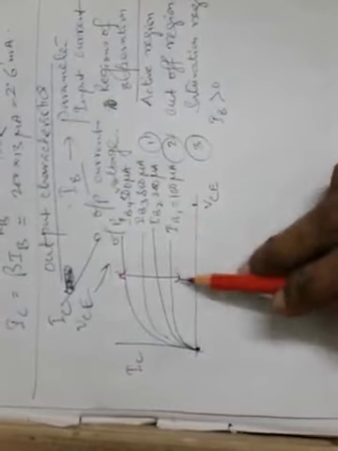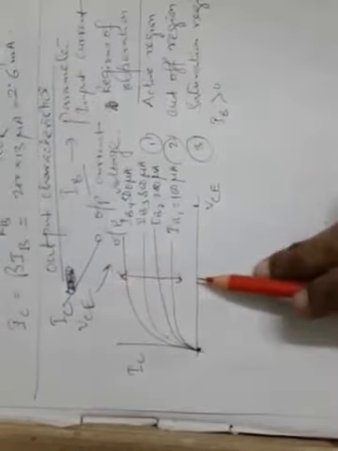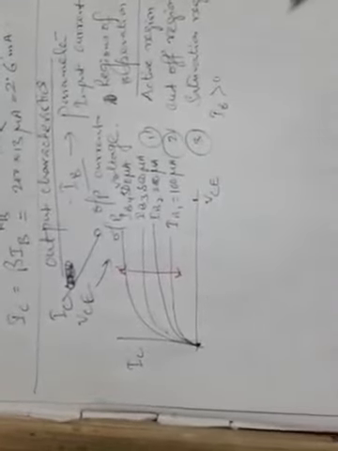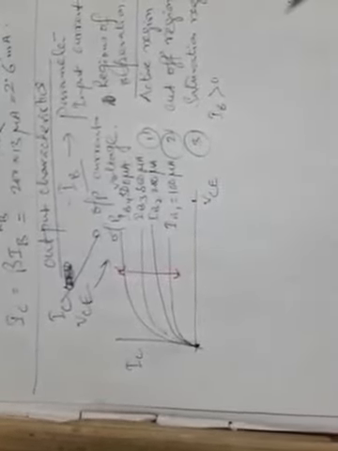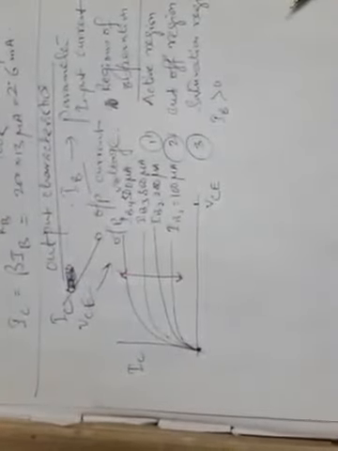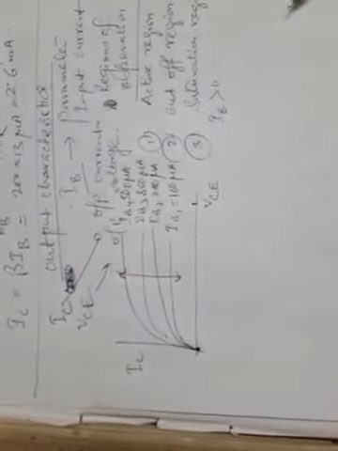The more the base current, the curve will go up. The less the base current, the curve will go down, because IB will control the IC. More IB, more IC, and the curve will go up. Less IB, less IC, and the curve will go down.